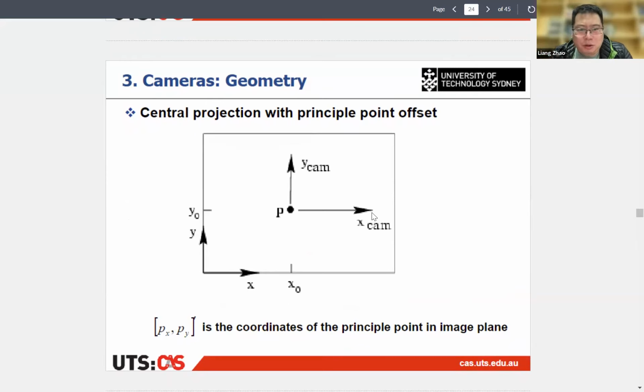Normally the pixel values UV can't be negative. But what you get from the central projection has its origin at P, so values may be positive or negative, and we want to move it so all the UV values are positive. We call that the principal point offset.